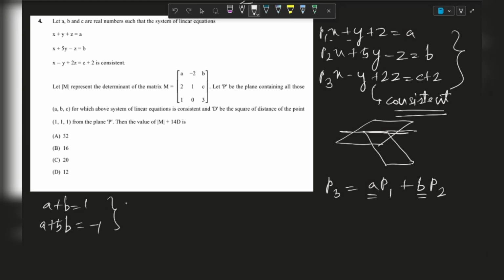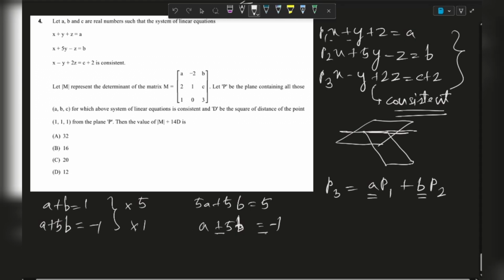So yeah, now if we multiply this with 5, and this with 1, this is 5a plus 5b equal to 5, and this thing is a plus 5b equal to minus 1. This is not 56, this is b. Okay, so now we can just subtract these two equations. So 4a equals to, I guess, 6.